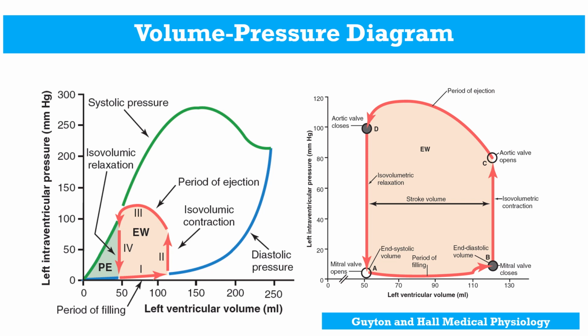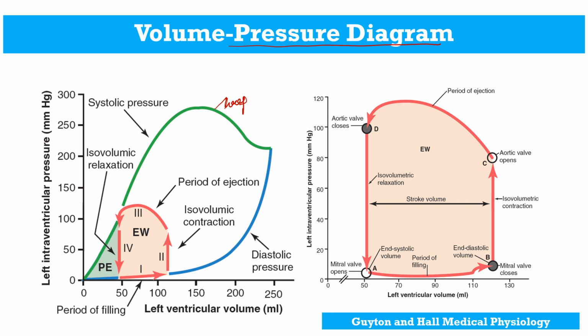Volume pressure relationship forms a loop that is called the volume pressure diagram of the cardiac cycle. For assessing normal function of the left ventricle, it is divided into 4 phases.